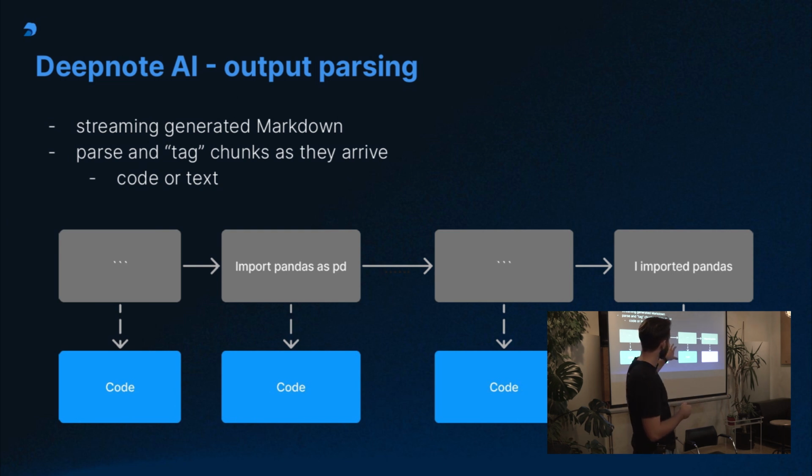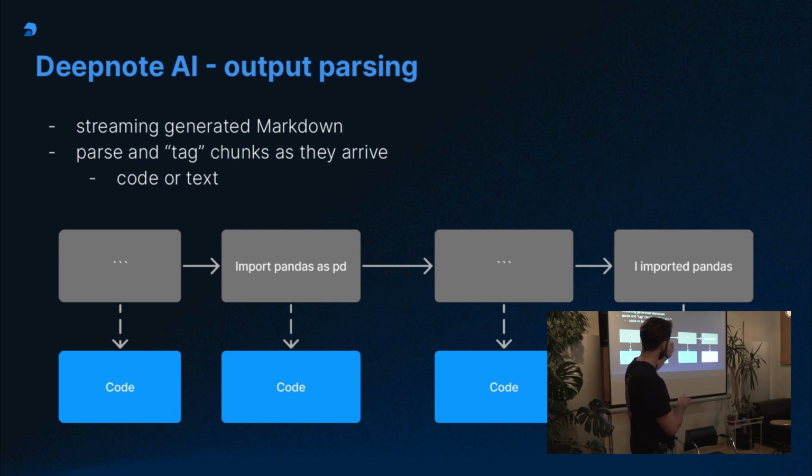This here is a quick diagram that I produced. It might look very confusing, but it's supposed to show a very simple flow. Basically, we were looking at incoming chunks of the generated output and tagging them with a tag, either code or text, so that we could separate the two in the UI.